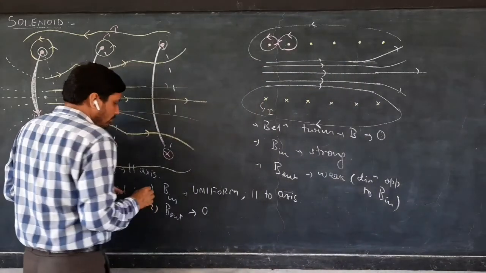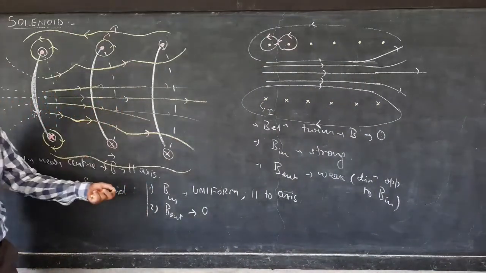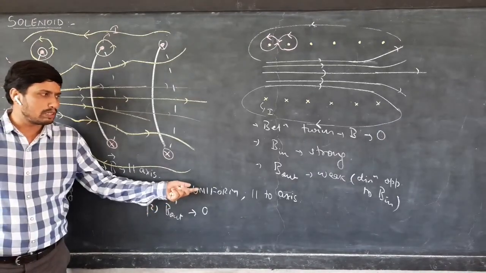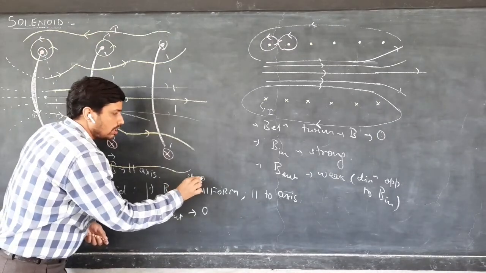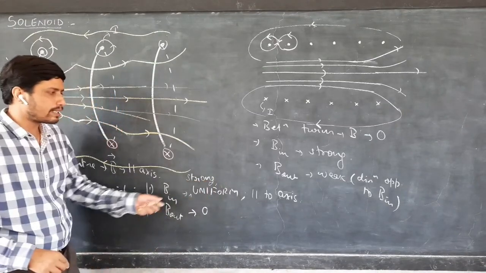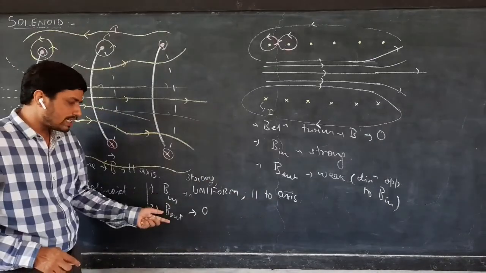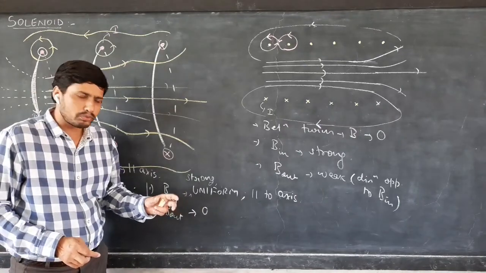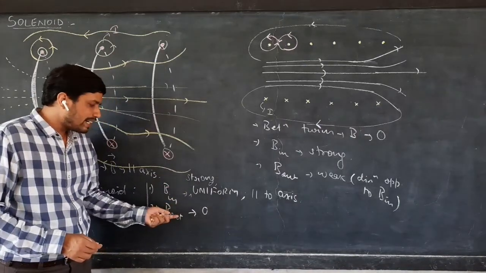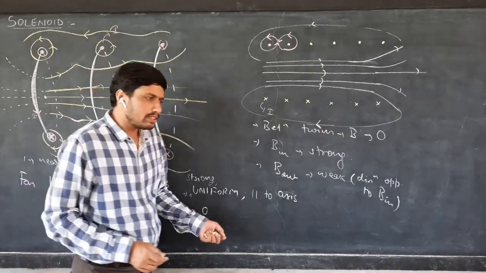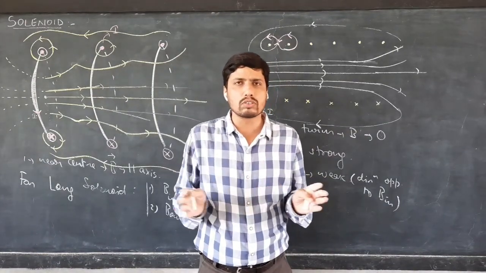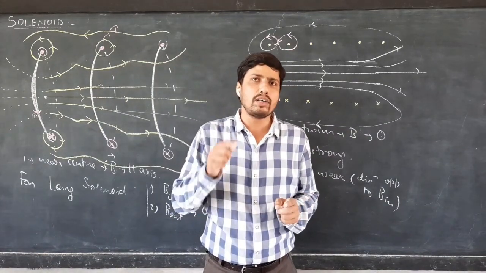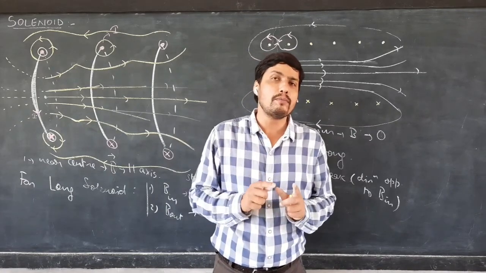So these 2 points you have to remember, students. Inside the solenoid, the magnetic field will be strong, uniform, and directed parallel to the axis. Outside, it will be weak for finite solenoids, and it might tend to zero for an infinitely long or very long solenoid where the turns are very closely packed.